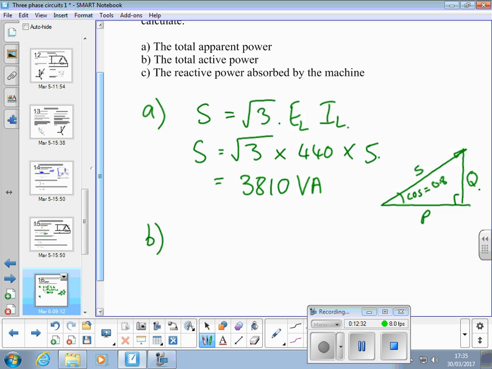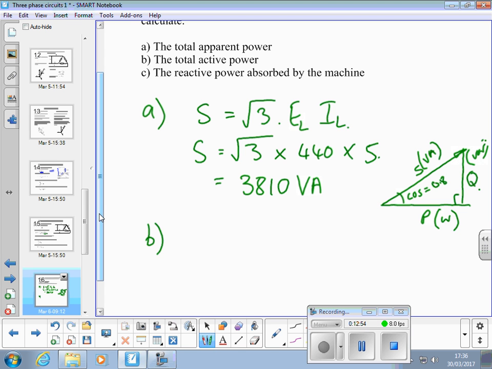Q is reactive power in VARs. P is active power in watts. And S is apparent power in VA.